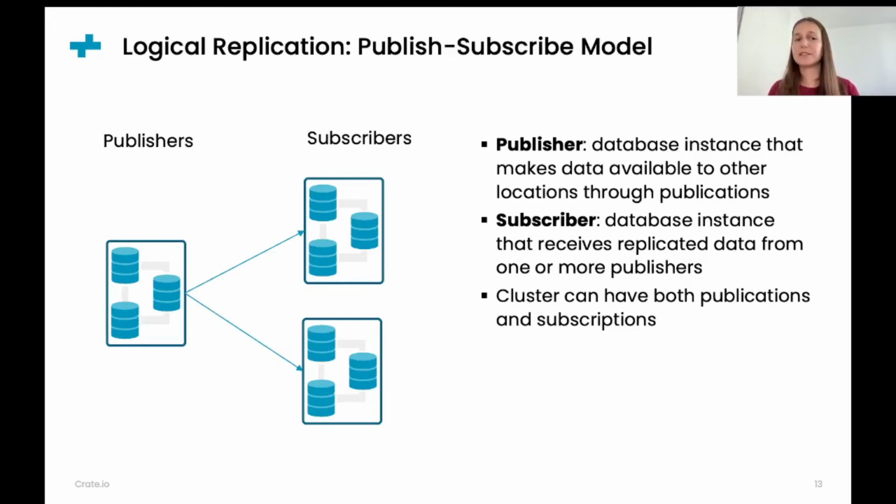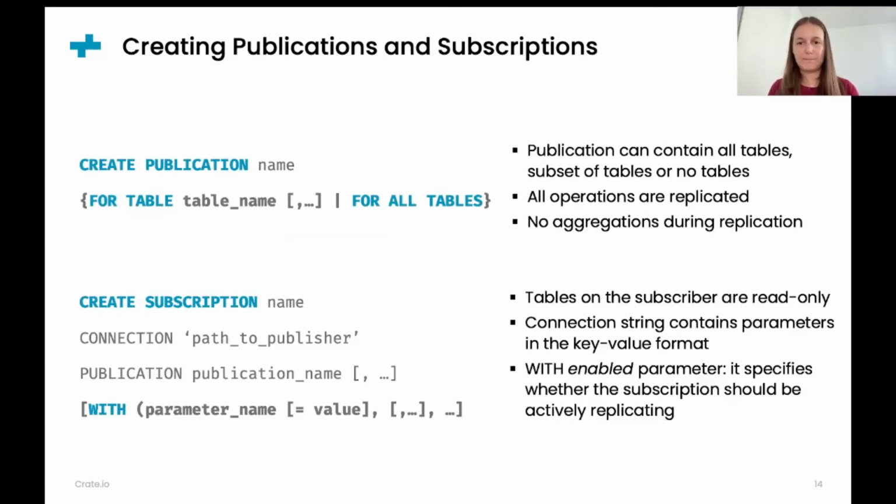So now that we understand what logical replication is, let's see how to actually create publications and subscriptions in CrateDB. The syntax for creating publications and subscriptions is relatively easy. One can create a new publication by specifying the name of the publication and whether the publication contains all tables, a subset of tables, or no tables.